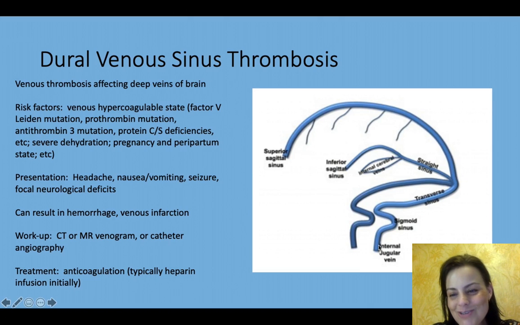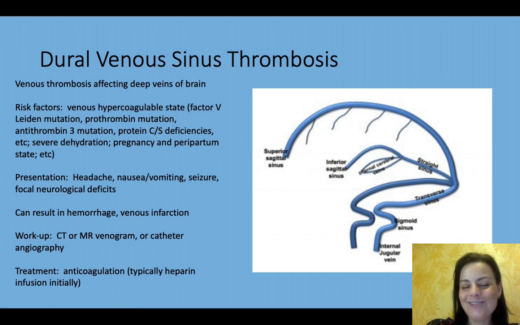So venous sinus thrombosis, you guys remember these deep veins, and you remember how all these deep veins come together at the torcula back here. And so this is a common place here in the back of the head to see clot. But you can get clot anywhere along here if you have venous hypercoagulability. So these are veins, and there are certain conditions that make us prone to form clots in our veins.